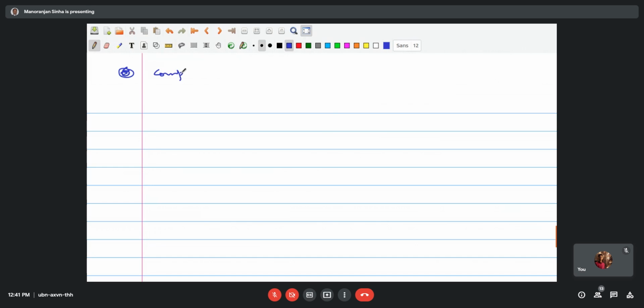Compute TAC. For this we need to use the expression. So TAC means TA minus TC for the transfer orbit, divided by 2.